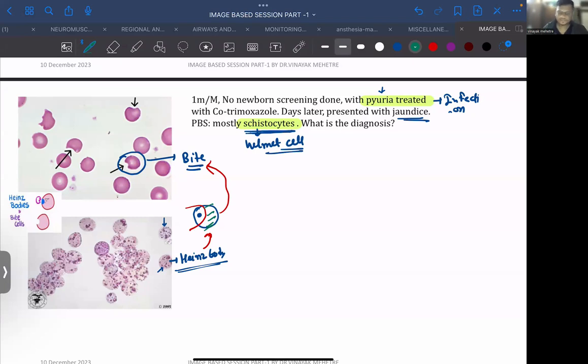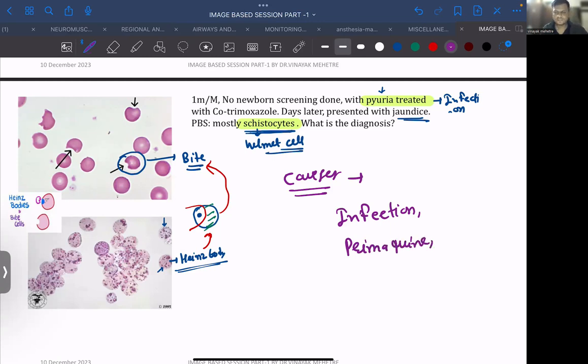G6PD deficiency. How does it happen? Causes? Anyone? Causes are infection. एक तो बता दो, अभी तो पढ़ा है हमने. Then comes one more, anti-malarial drug. Anyone which you know? Primaquine. Chloroquine कहा था? Just try to remind again.